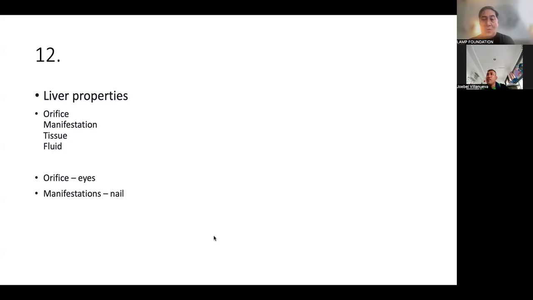Okay, so that means if you want to determine the liver condition, you have to look at the nails. The tissue, the tendons or sinews. The fluid, the tears.